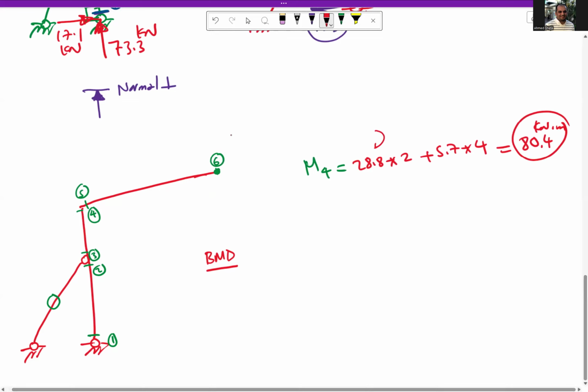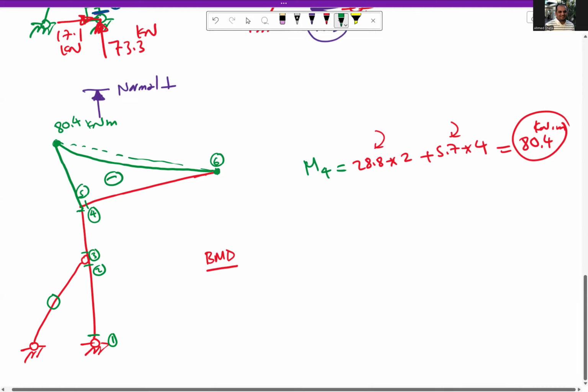Because the two forces are in this direction, the moment will be at the top here because it is a cantilever, so the moment should be above the datum. So the moment here is 80.4 kilonewton meter, and because we have a uniform load, we have a parabola. So this is the moment here on the cantilever.